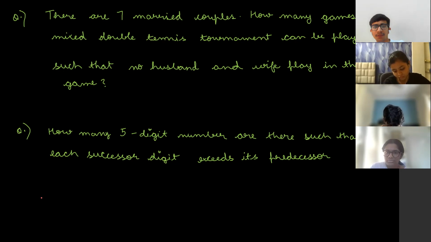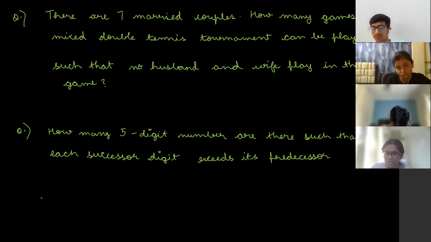Yeah, you have to subtract those pairs, no, when the husband and wife play together. Okay, 7C2, so you select 2 pairs and... So how? Like 7C2 I didn't get. You have 7 pairs left, right?